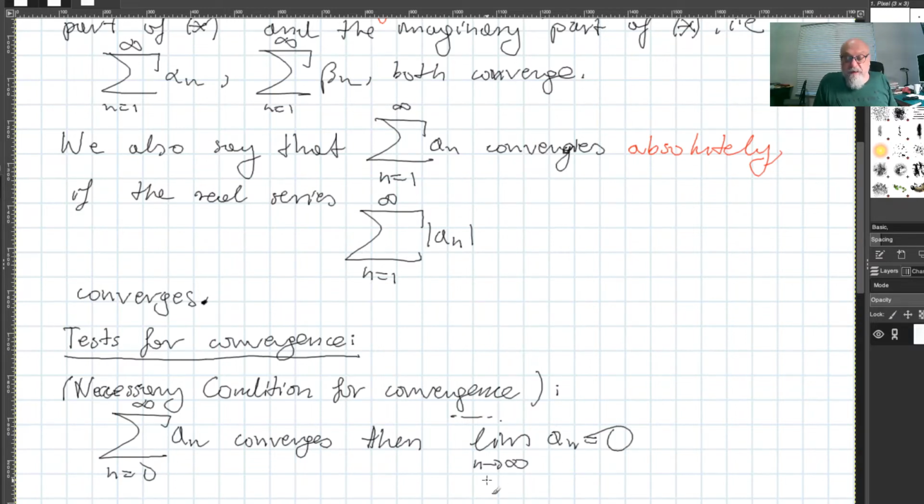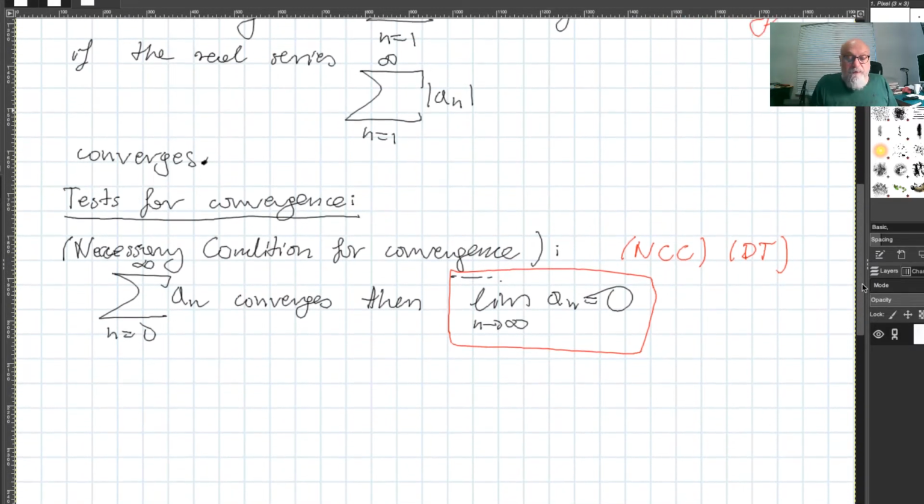So that's the necessary condition for convergence. We call it the necessary convergence condition, or simply divergence test, because if such a limit is not equal to 0, then of course the series must be divergent, that means not convergent. So that's the first observation.